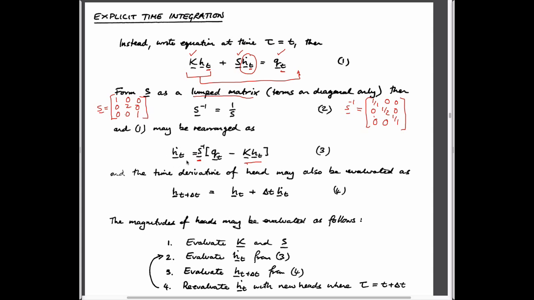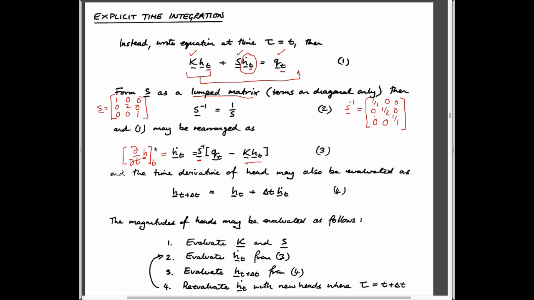So we have a way of calculating rates of change of head as a function of time. So this is just dh/dt. It's not just at one node, it's at all the nodes. And if you like, it's written at time t.